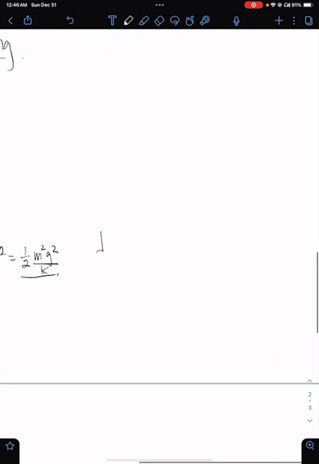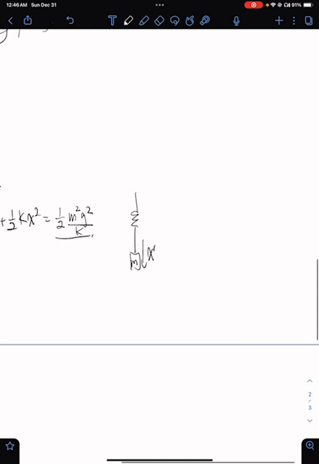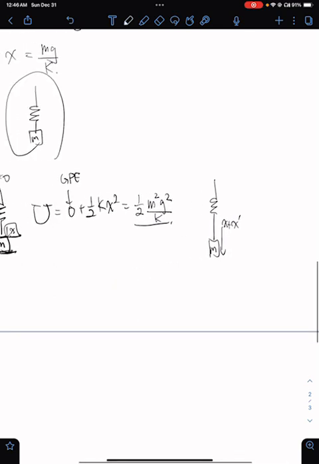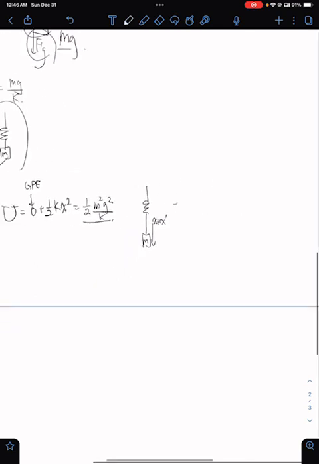And let's say that we pull that spring by an additional x prime. So the total spring extension would be x plus x prime. So U would be 1/2 k (x plus x prime) squared plus mg x prime, right?